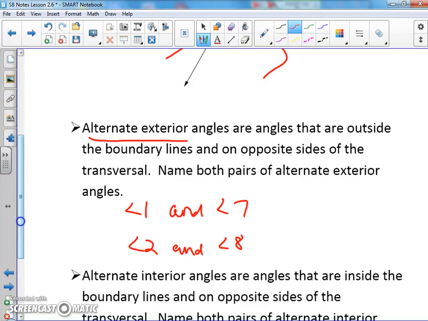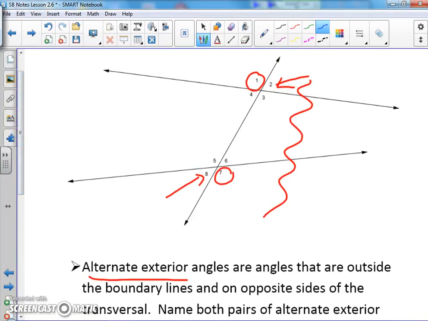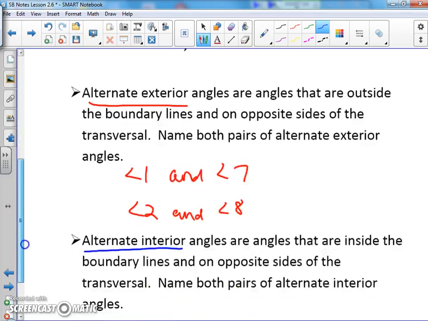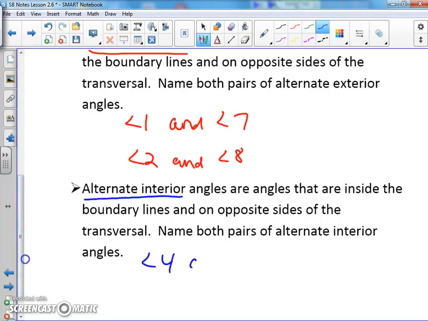We can do the same thing with interior, except instead of calling them alternate exterior, they will be alternate interior. It's the same concept. From one cluster to the other one, crossing the transversal. So angle 4 and angle 6, angle 3 and angle 5. Those would be our alternate angles.